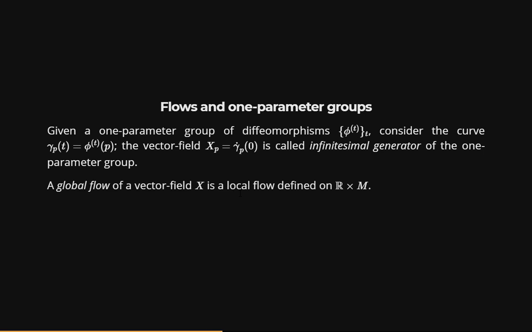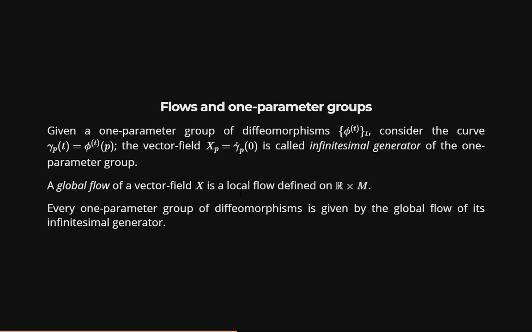A global flow is a flow defined on R times M. And every one-parameter group of diffeomorphisms is given by the global flow of its infinitesimal generator. So every time a vector field has a global flow, for each initial condition you can find the solution of the ODE system on the whole real line.